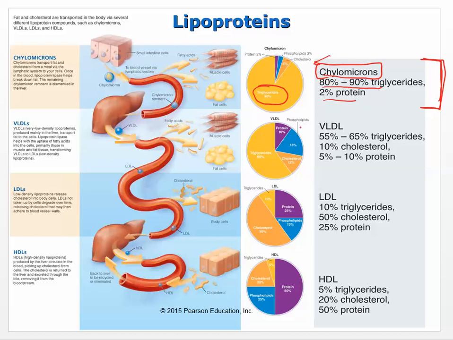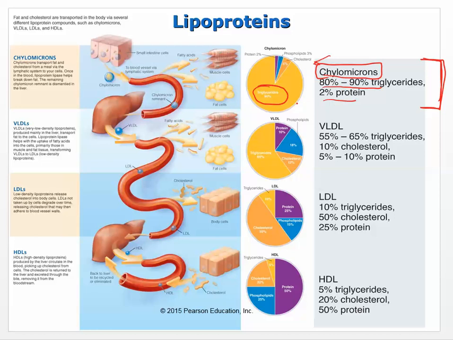Okay, that's great. We just ate a meal, we got a bunch of triglycerides, we got a little bit of cholesterol, and now where's it going to go? Well, it goes to a couple of different places. One of those places is just straight to adipose tissue. As long as we have enough energy, these triglycerides can pretty much be taken straight to the adipose tissue, and you can drop that off.